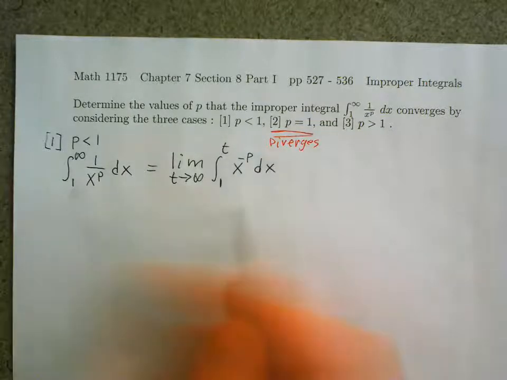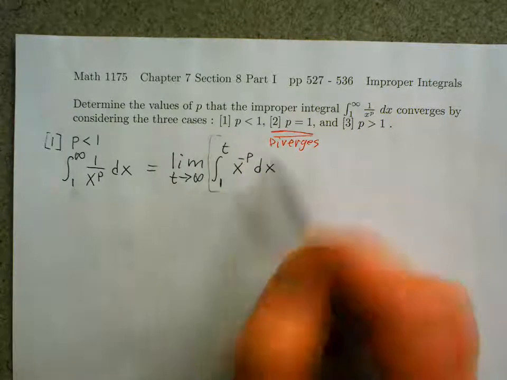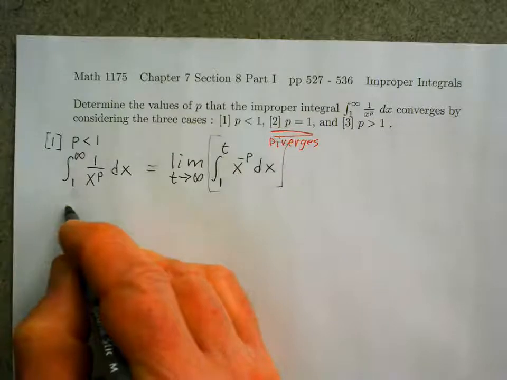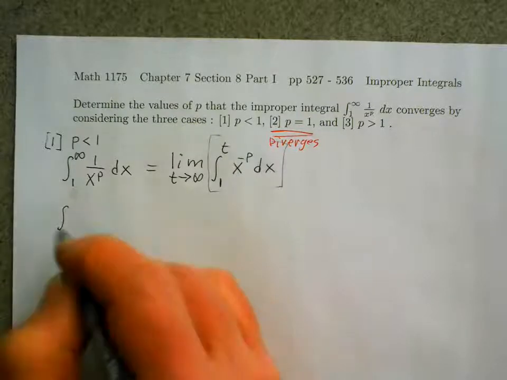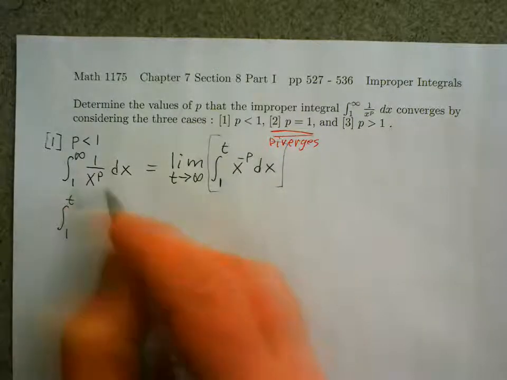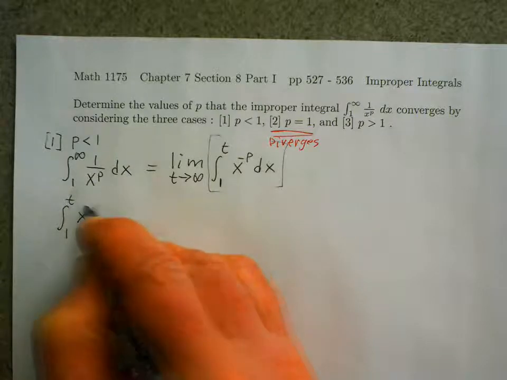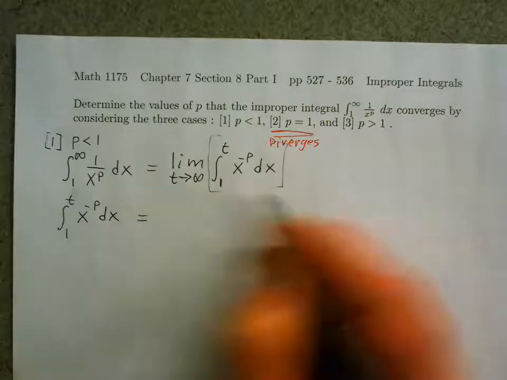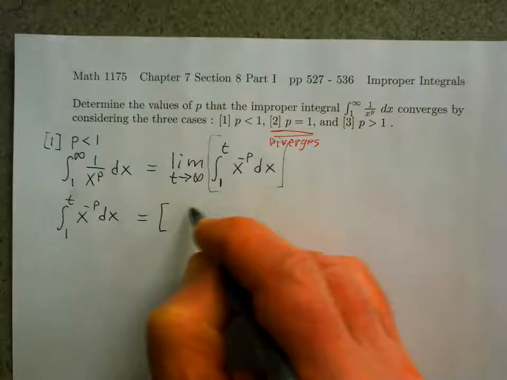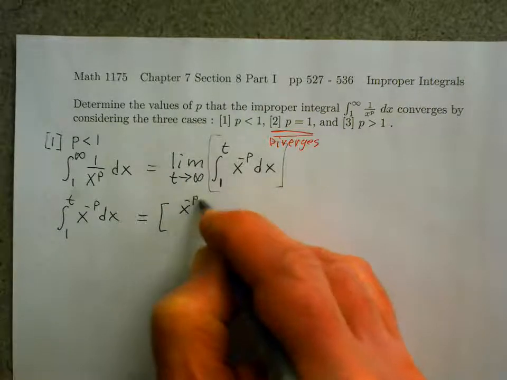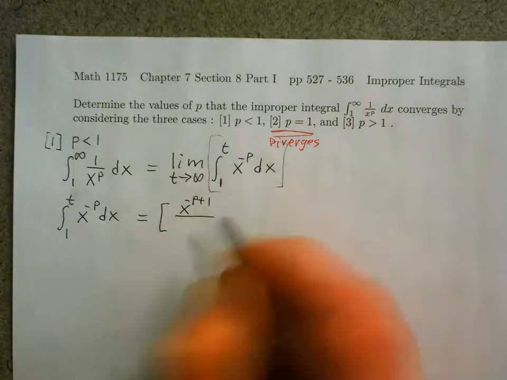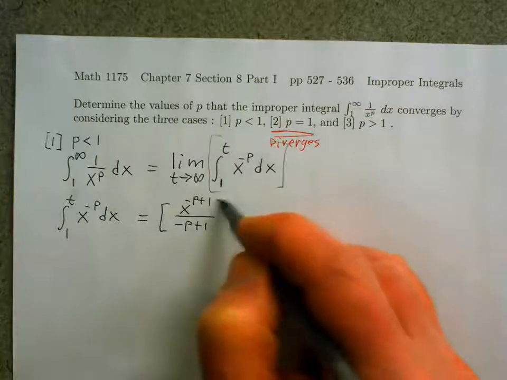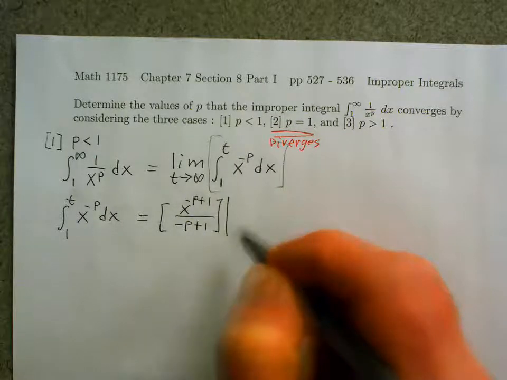So let's just look at the integral part without the limit notation. This definite integral from 1 to t of x to the negative p dx is equal to x to the negative p plus 1 divided by negative p plus 1, to be evaluated from 1 to t.